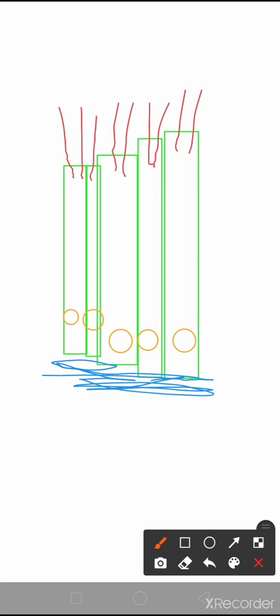This is the function of simple ciliated columnar epithelial tissue. It is also found in the nephron of kidneys. So the nephron has both ciliated cuboidal as well as ciliated columnar.